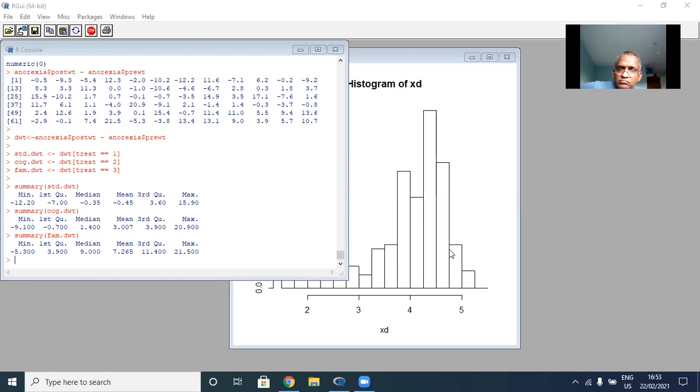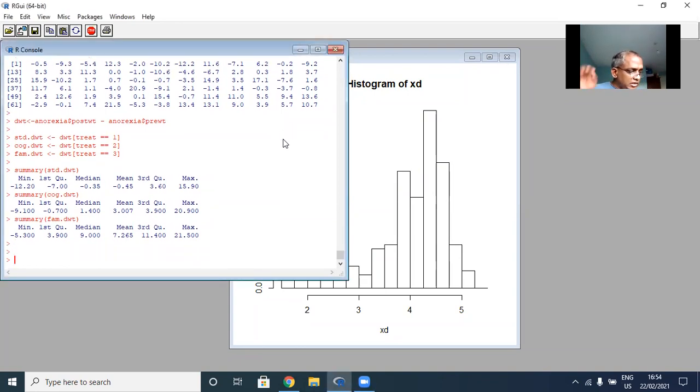Okay. Treatment number 3, which is the most effective. And also it has the largest summary statistics among the 3 treatments. It has the largest median, the largest mean, the largest quartile, and the largest maximum among the three treatments.